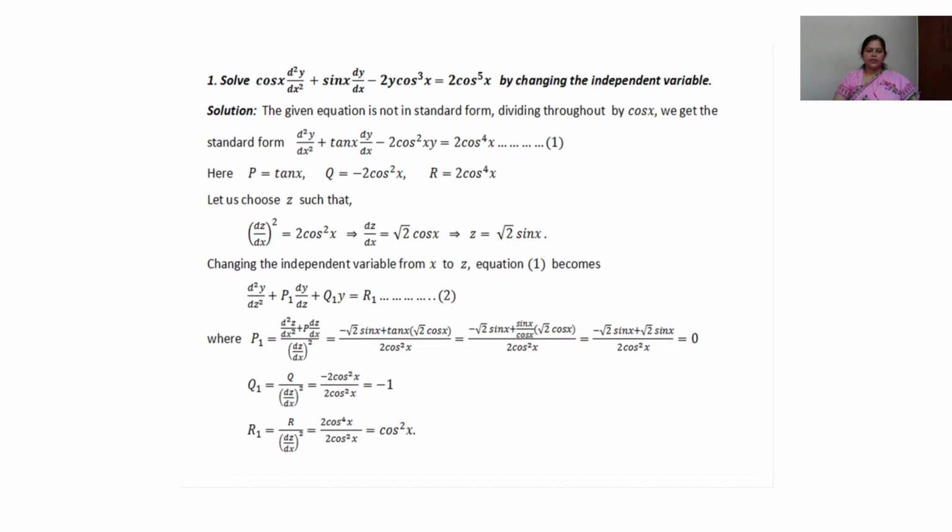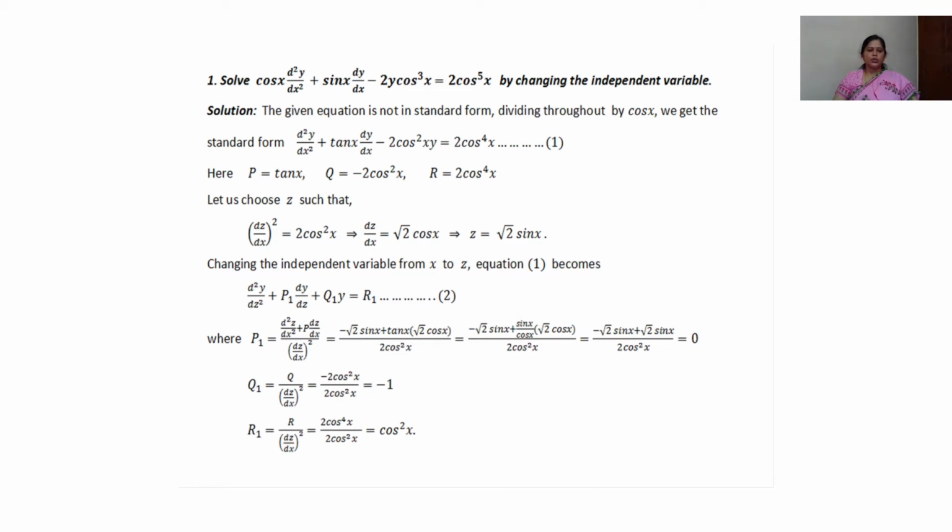Then in the denominator we have 2 cos²x. Now in the numerator, tan x is sin by cos. If you simplify the terms, we will get minus root 2 sin x plus root 2 sin x. Both the values are the same with opposite signs, so we can cancel them. Then the numerator value becomes 0. So 0 by 2 cos²x is 0. Therefore p1 is equal to 0.